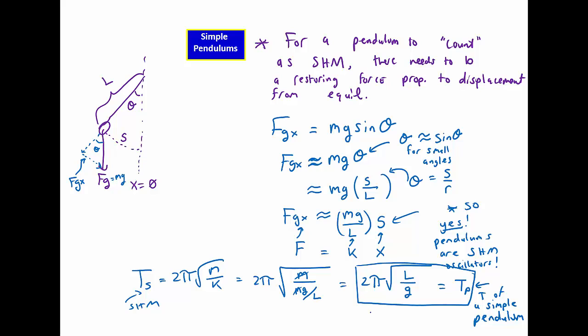So I'm just going to do a quick example. This is example number 7 in your handout. It says calculate the length L of a long pendulum. I'm going to assume it's a simple pendulum that completes 12 full oscillations every minute. So they're giving me an amount of cycles per unit of time. They're giving me how frequently this thing is oscillating.